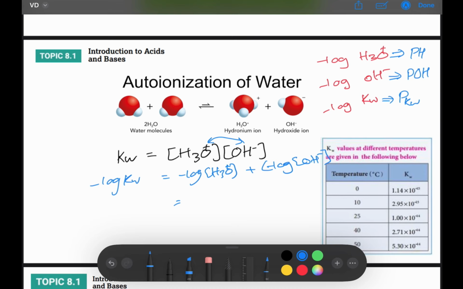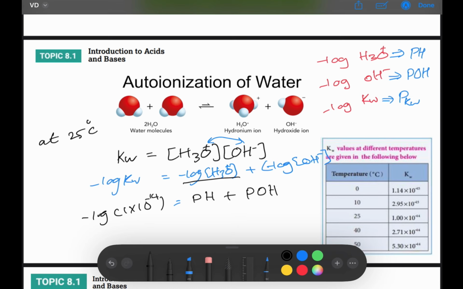Let's say that we take this at 25 degrees, which is the default value. So I can say negative log 1 times 10 to the power negative 14. And here we have the pH, which is for H3O plus, plus the pOH.